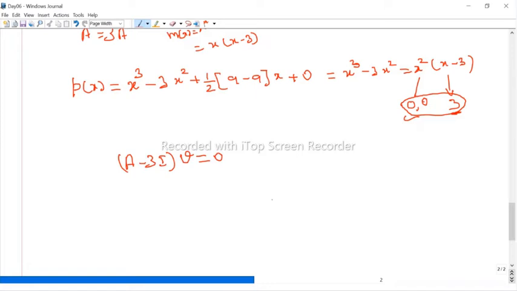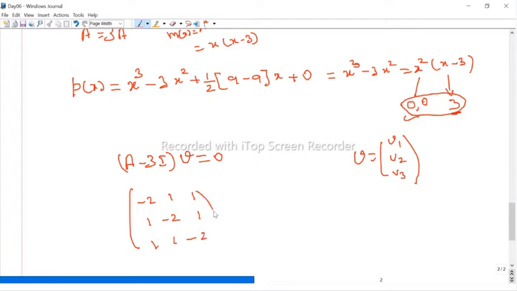So we take v equal to (v1, v2, v3) because this is an element in R3, so it should be an ordered triple. What is A minus 3I? We subtract 3 from the diagonal. Therefore, we get minus 2, 1, 1, 1, minus 2, 1, 1, 1, minus 2. That is A minus 3I, into v, which is (v1, v2, v3), equal to (0, 0, 0).